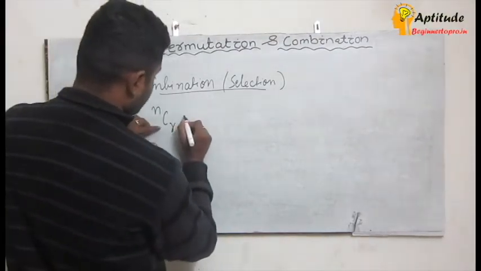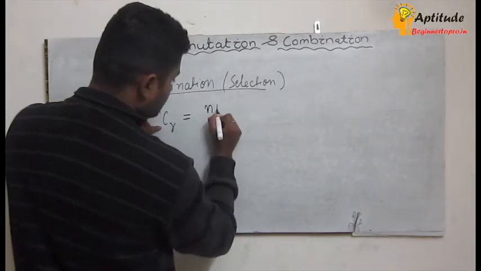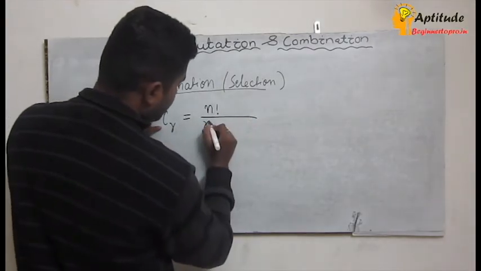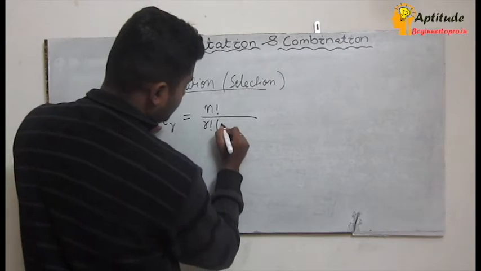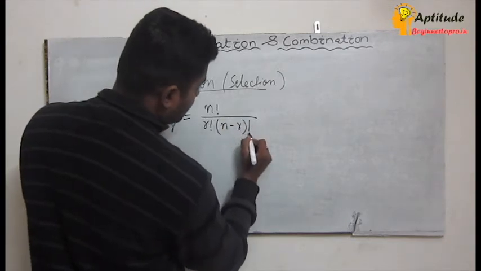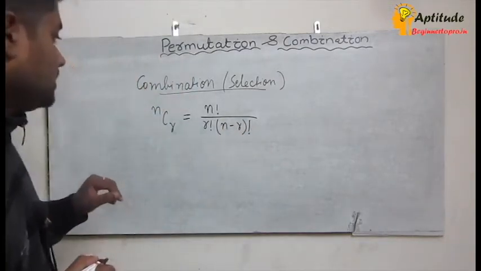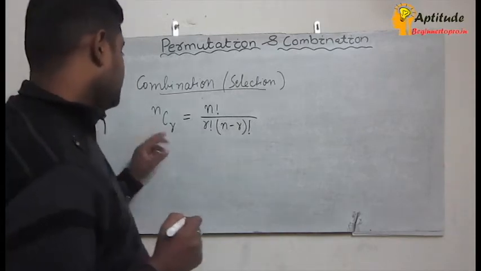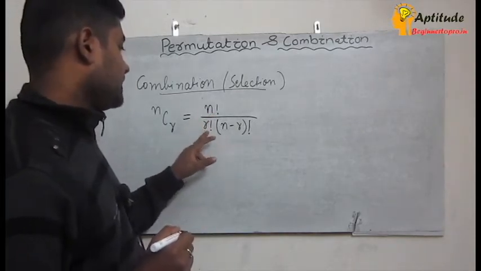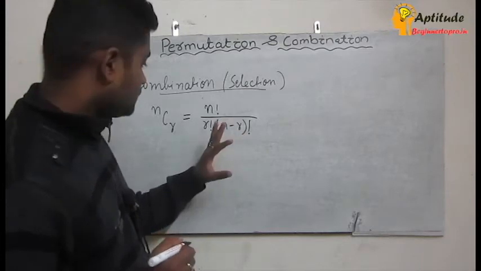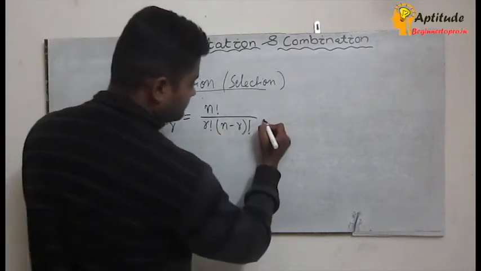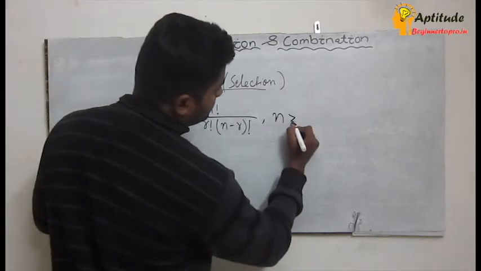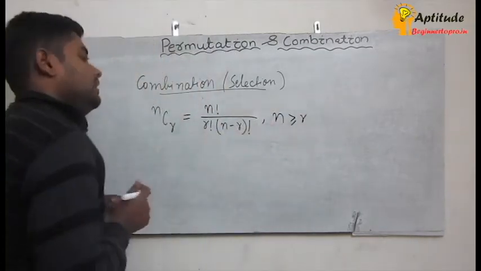This can be written as n factorial divided by r factorial multiplied by (n minus r) factorial. The condition is that the value of n must be greater than or equal to the value of r.